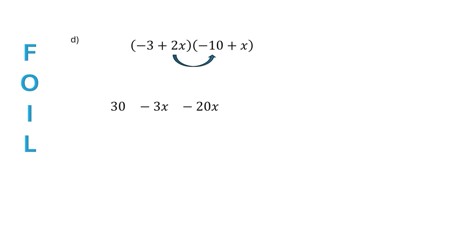And our last terms are 2x times x, which gives us 2x squared. We'll collect our like x terms of negative 3 and negative 20 to give us negative 23x. And we'll rewrite it so that our exponent is the beginning term, our x term is the middle, and our constant is the last term. This is just the more common convention.